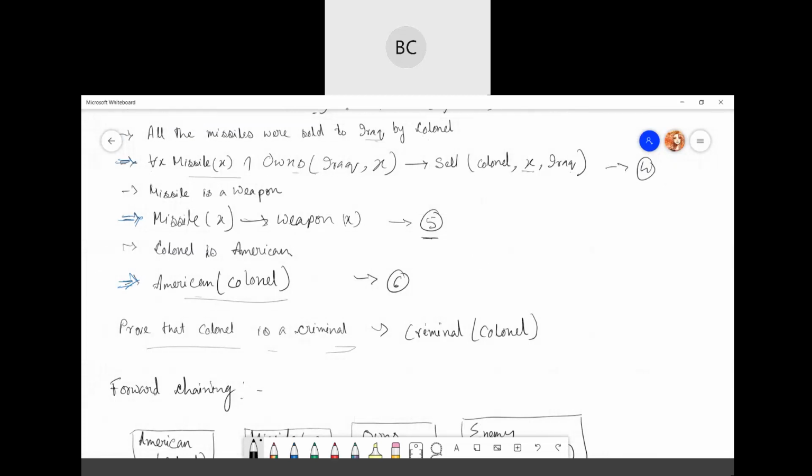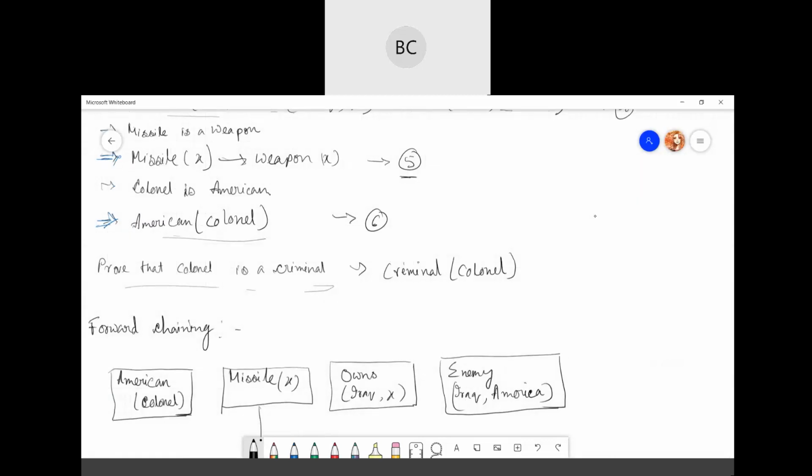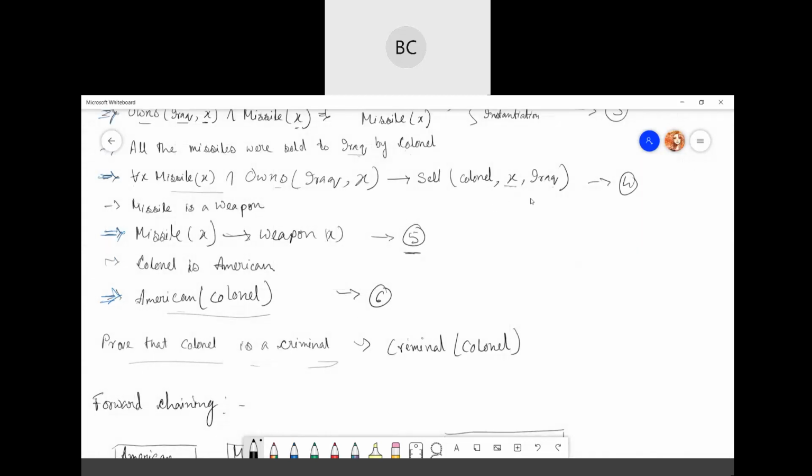Okay, so in 4 you see we have missile and owns, and then we get the left hand side part as sells, colonel, X and Iraq. Here you see we have both missile and owns. That means we can deduce this sells part, number 4.